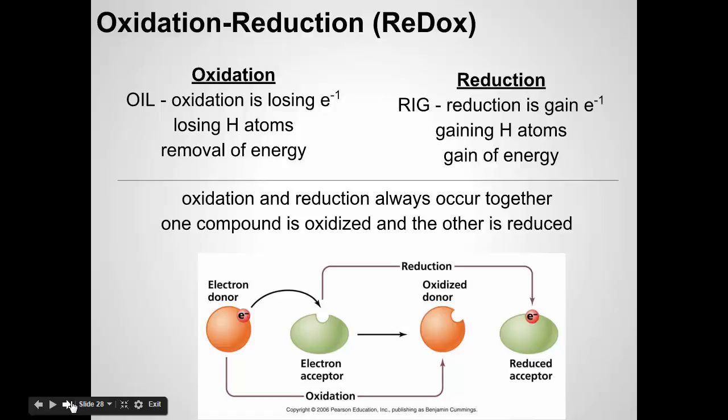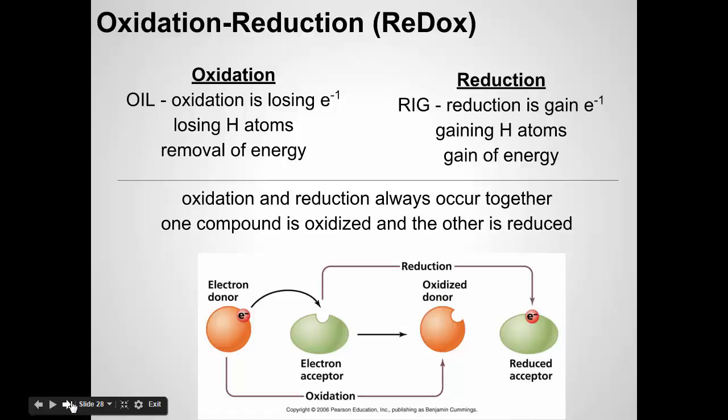OIL RIG. Oxidation is loss of electrons. Often it means losing hydrogen atoms as well. And it's removing energy. So when I say glucose is getting oxidized, what that means is each of these steps, it's losing electrons. Energy is being removed from it.